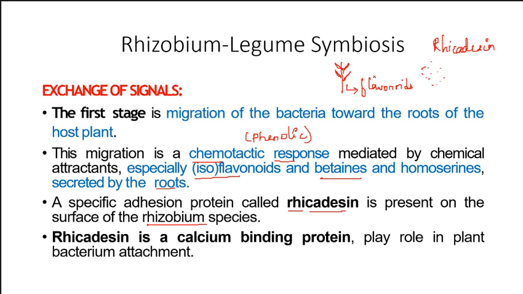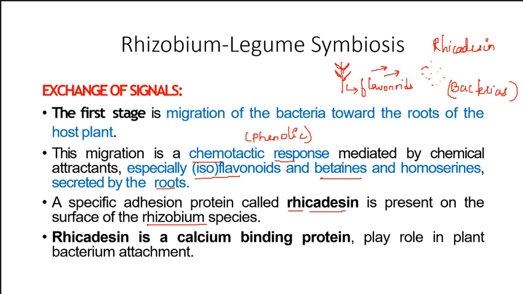Now when these flavonoids are released, what will happen? These bacteria which have rhicadhesin on their surface will be attracted to the flavonoids.